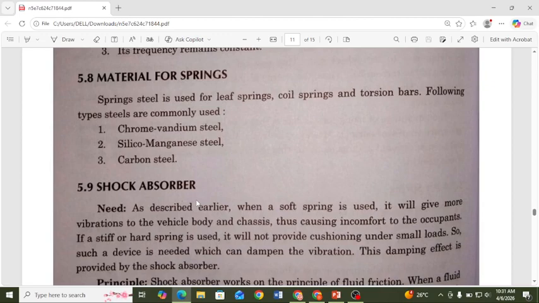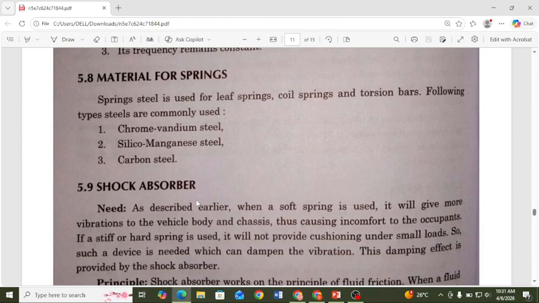Similarly, the second, silicon manganese steel, is also combined with different properties. This has different components used in it.